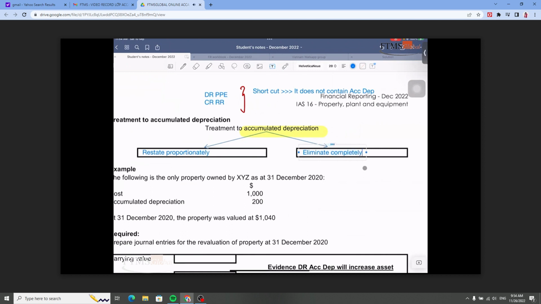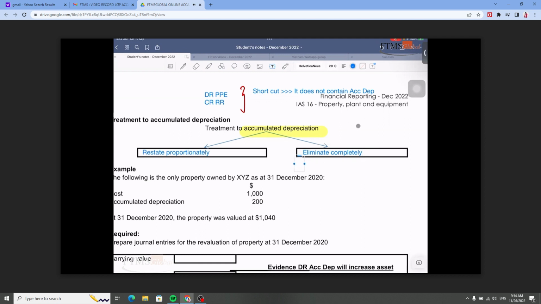So two ways to deal with your accumulated depreciation. One is to restate proportionally, and the other one is to remove it. Eliminate means remove it.